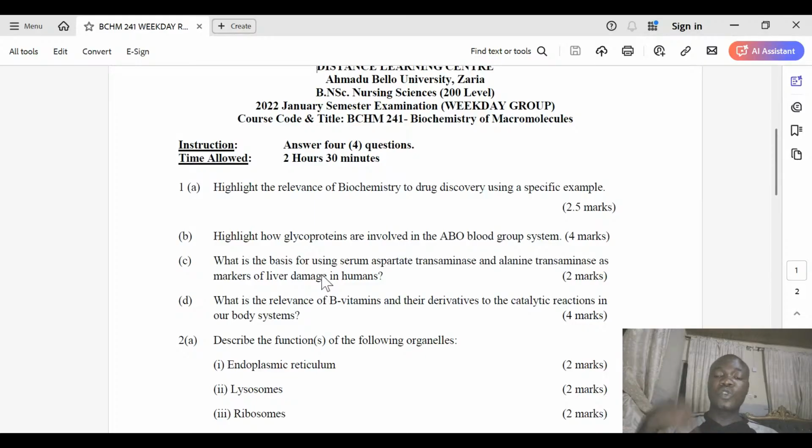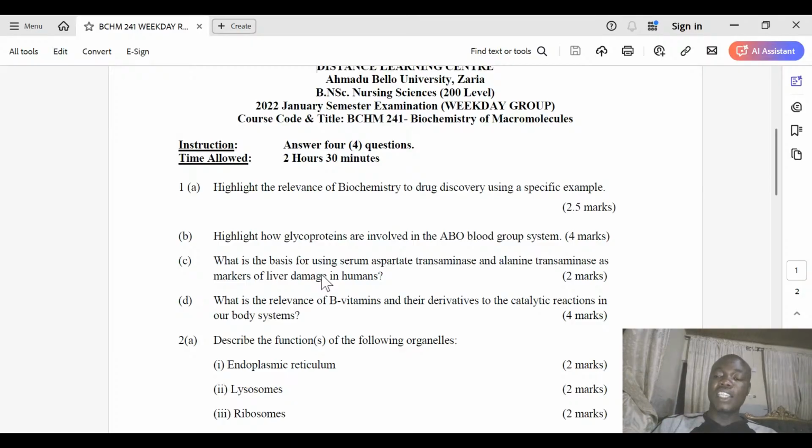Enzymes are molecules that generally speed up the rates of reactions in our body system. So if the enzyme is inactive, there is no reaction, and if the enzyme is active, there is a reaction.